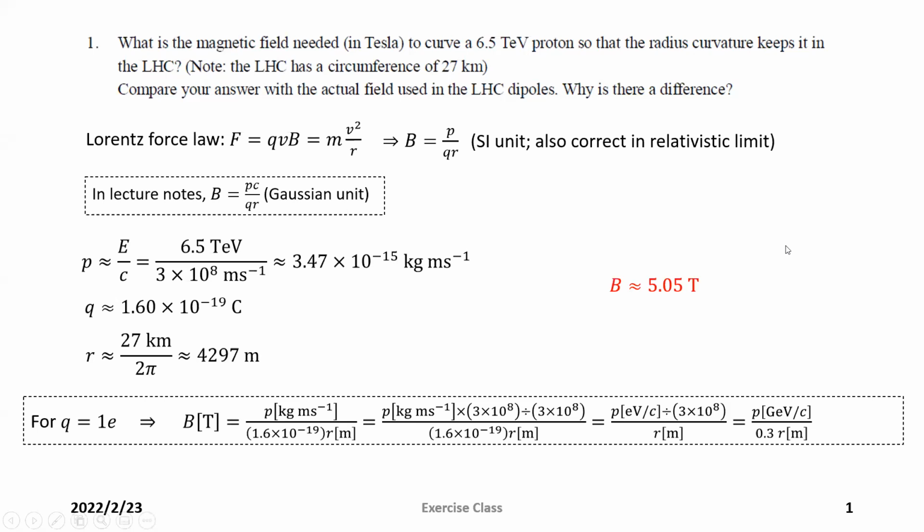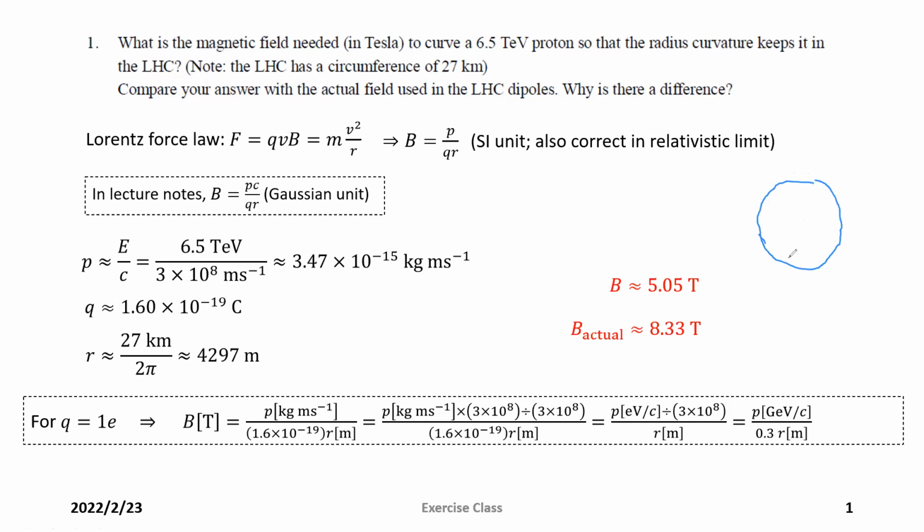And if you check the web page of CERN, you can see that the actual magnetic field for the dipole magnets is about 8.33 Tesla. So it is a bit higher than our expected. The reason is that in this question, we assume the magnetic field is evenly distributed along the circumference.